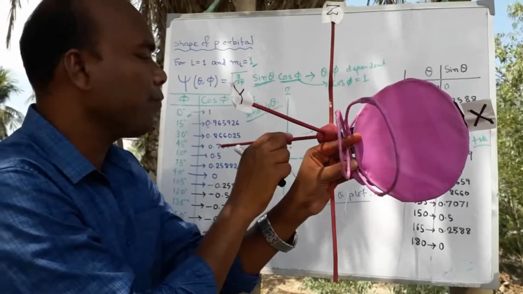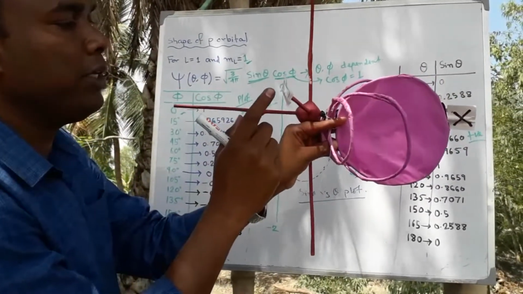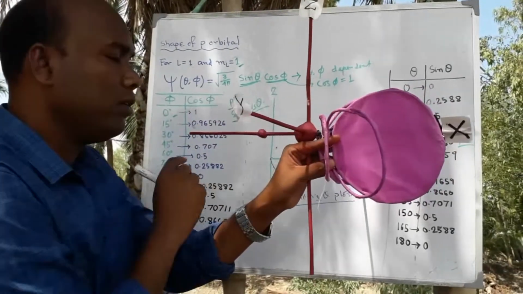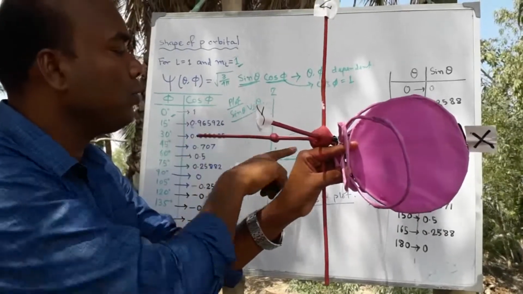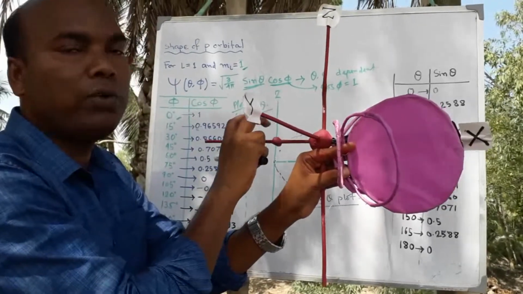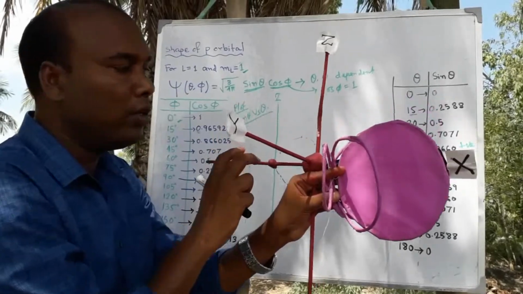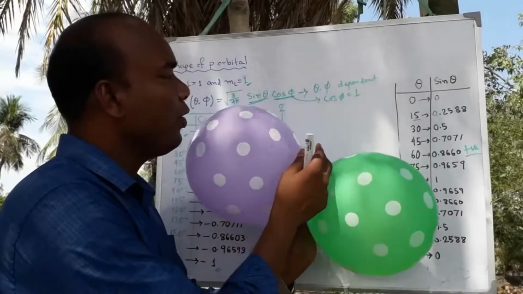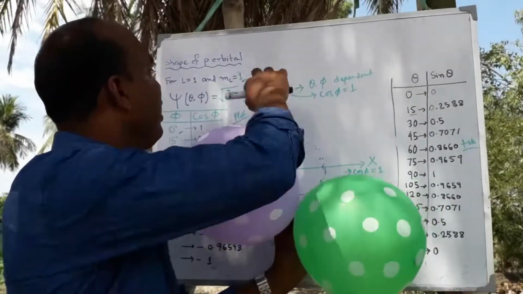And here you see for the region between 90 to 270 degrees of phi, cos phi is negative. So in that direction you will also get a sphere, but which is negative in sign. So finally, what will be the shape of the p orbital having ml equal to 1?